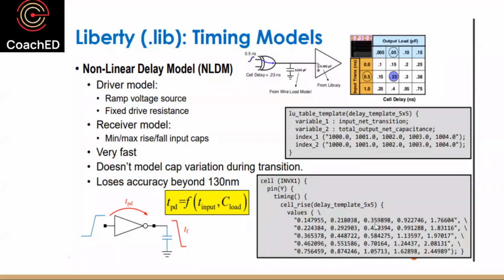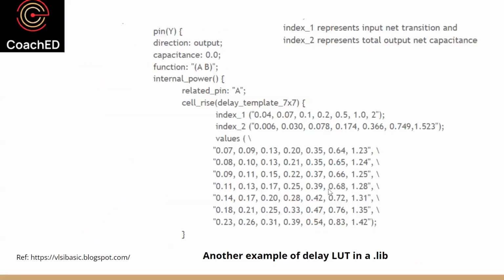So if my input transition is 1001 and output load is 1002, second row, third column, it's 0.43 nanoseconds. That's the way the tools would use these numbers, and that's one of the ways of doing it. This is another example here.